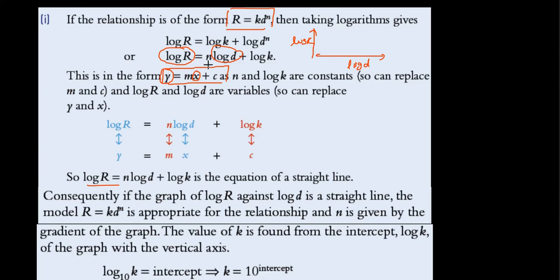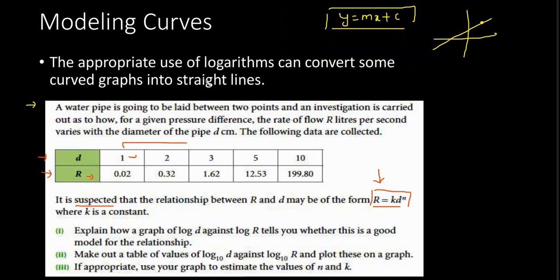n is given by the gradient of that line, because if you compare this log r with mx plus c, this is your x-axis variable, which is log d. Let me point it out. This is your x-axis variable log d, so the coefficient of this will be the slope of the straight line. Since the data was collected for diameter d and r, we will make another table consisting of the variables log d and log r, and then plot the points.